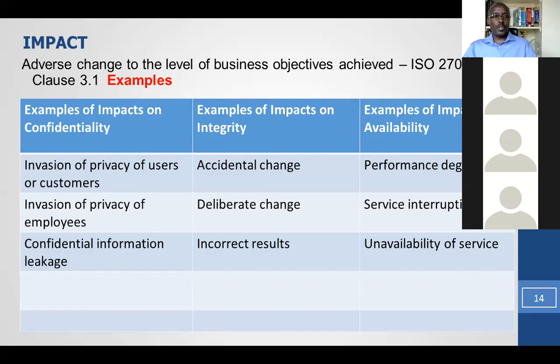We'll look at that in a short while. The risk is realized when a threat takes advantage of a vulnerability. And when that happens, then you have an impact to your operations.